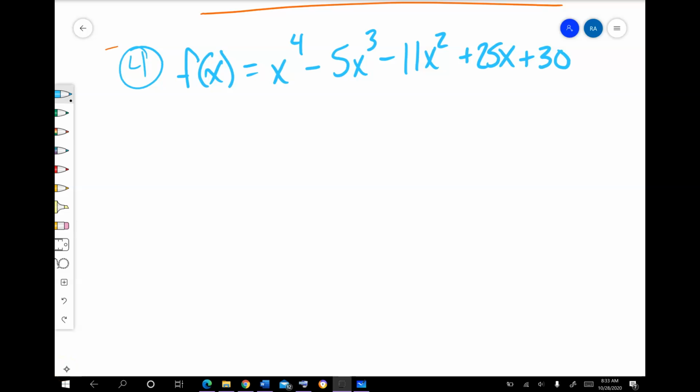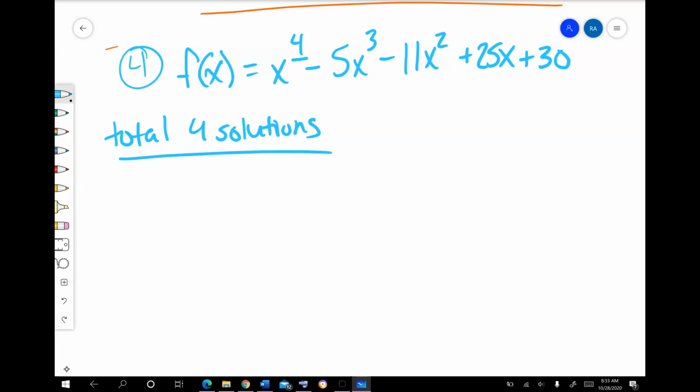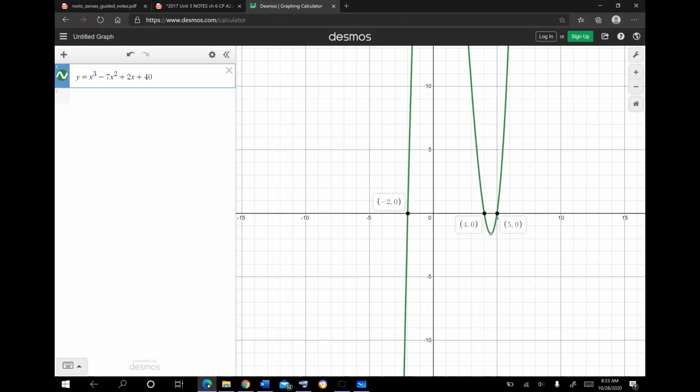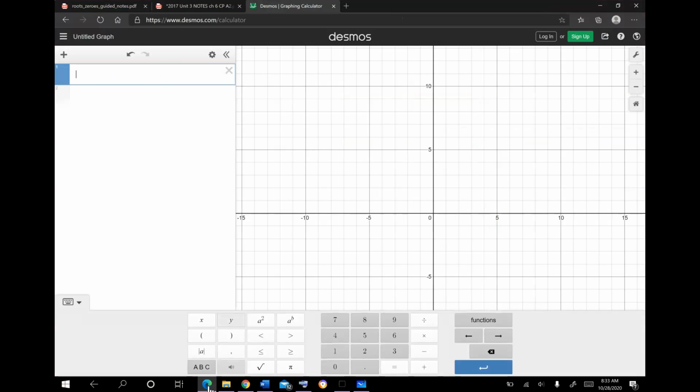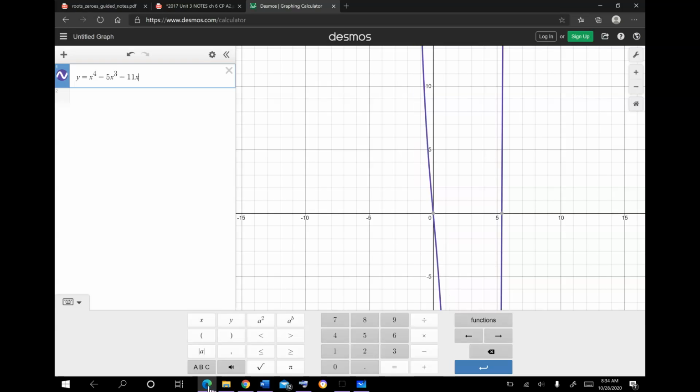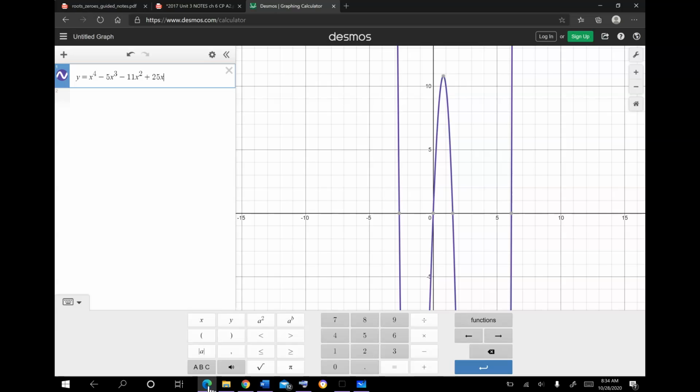All right, so we need to find the total number we're supposed to have. Well, the highest exponent here is 4, so I should have a total of 4 solutions. Okay? So we go to Desmos to see how many of those solutions are real. Okay? So when we go to Desmos, I'm going to type it in. Y equals x to the 4th minus 5x cubed minus 11x squared plus 25x plus 30.